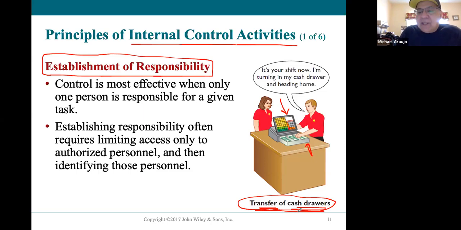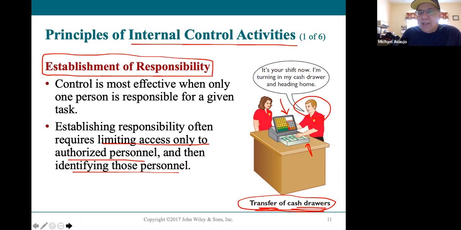If it's not accurate, at least we know who to talk to as a business. So establishing responsibility requires limiting access to authorized personnel. Then if something goes wrong, we can identify the people to talk with. Your drawer is off by $200. What happened? So these are important.